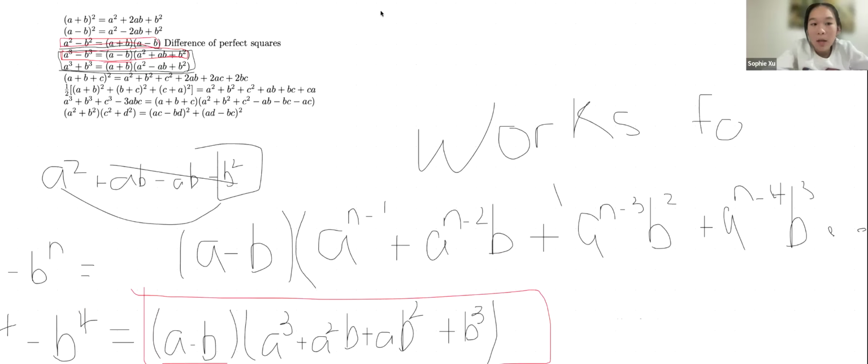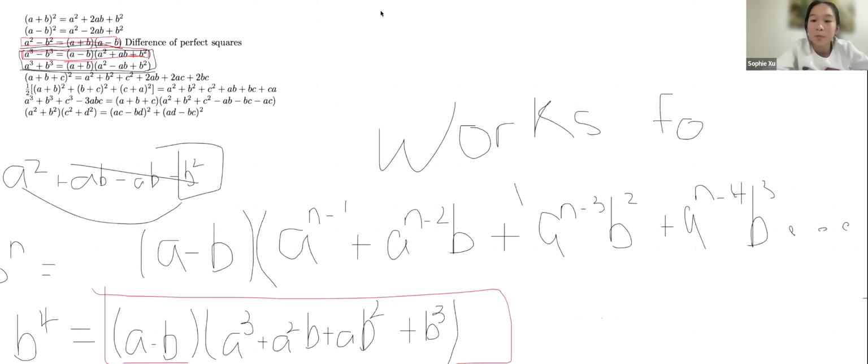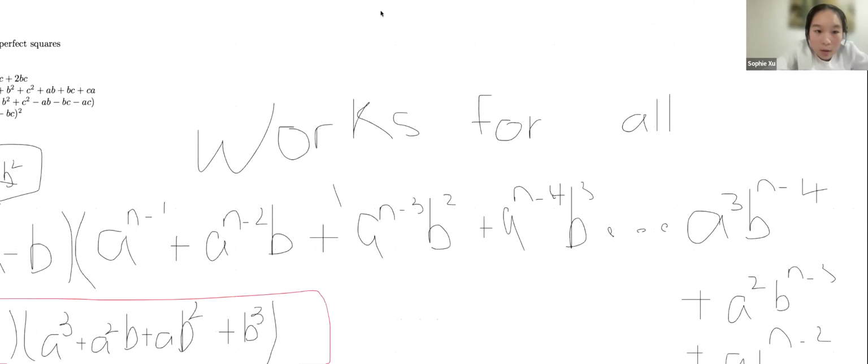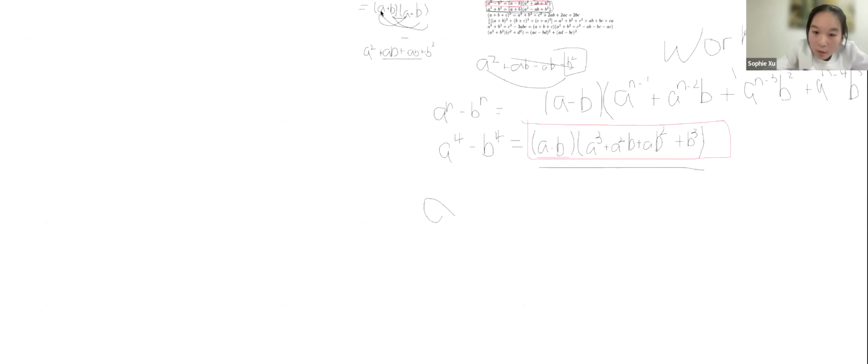A to the power of n plus b to the power of n does not work for all n. It only works with specific n. So I'm just going to give you what a to the power of 5 plus b to the power of 5 is, and then someone can have a go at trying to figure out what a to the power of n plus b to the power of n is.